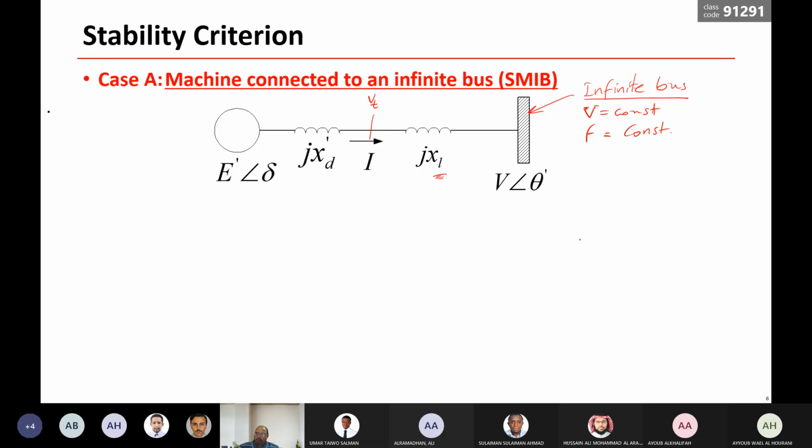Any answer? The infinite bus can be represented by an ideal voltage source.